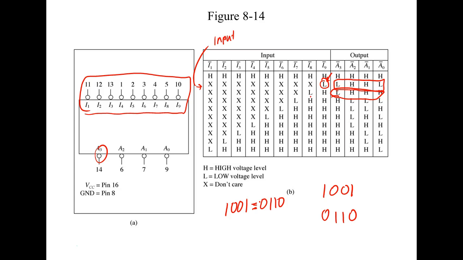Yeah, this is an encoder. So an encoder takes another numbering system or code and converts it to binary. Understand? Now, of course, if I needed this, I would have to run this through an inverter to get a 9, because this has a low active output.